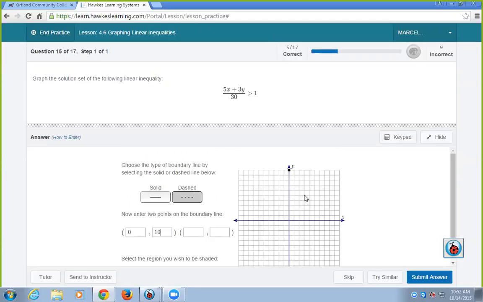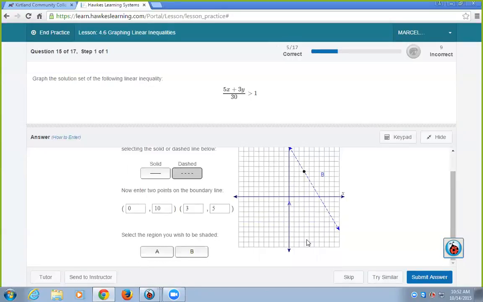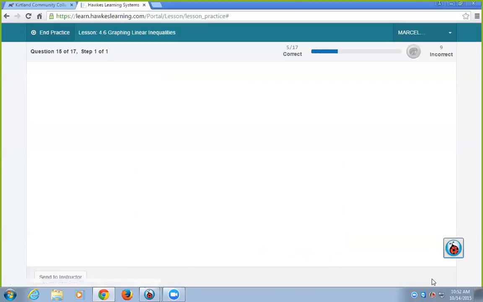So again, locate that point. So it's going to be at 3, 5. And then I got to decide on my shaded region. Since it is a y is greater than, I am going to shade above the line. So I'm going to pick B. So we will submit our answer and see what happens, and we're good.